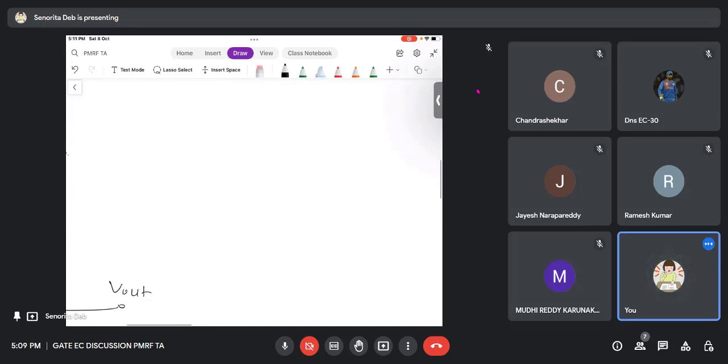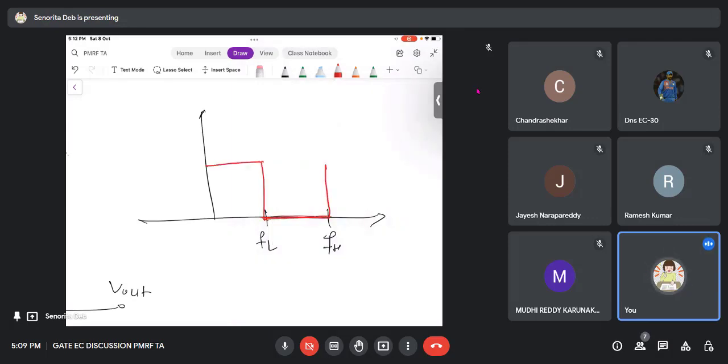So therefore, in the characteristic between FL to FH, you don't get anything. But here you get a value, whatever is the value of V. This is V out with respect to F. What is the maximum value of V that you are getting?